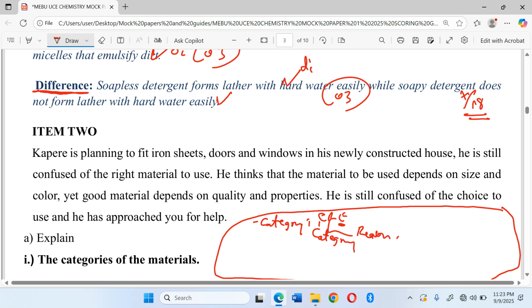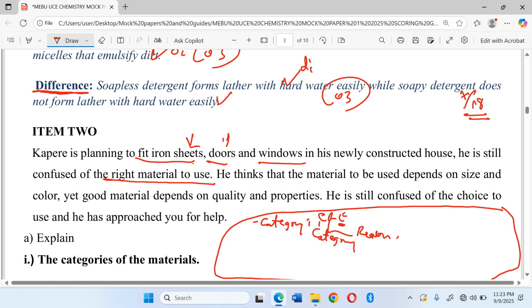We are saying that Capelli is planning to fit iron sheets, doors, and windows in his newly constructed house. So they are fitting what? Iron sheets, doors, windows. Okay? He is still confused of the right material. There is a problem here. He is confused of the right material for doing what?